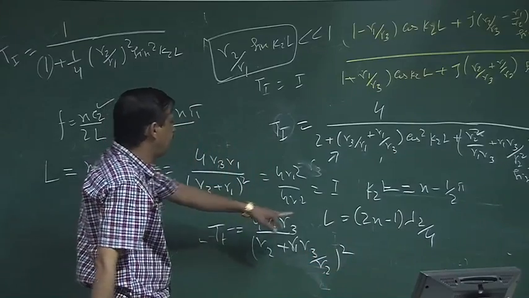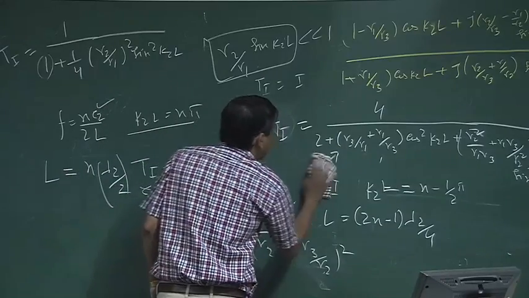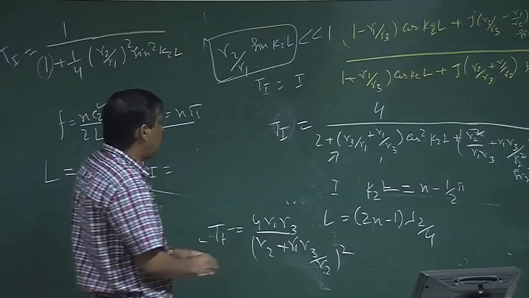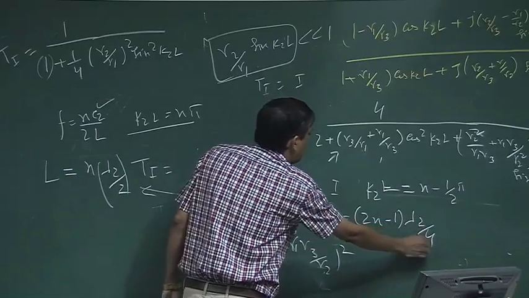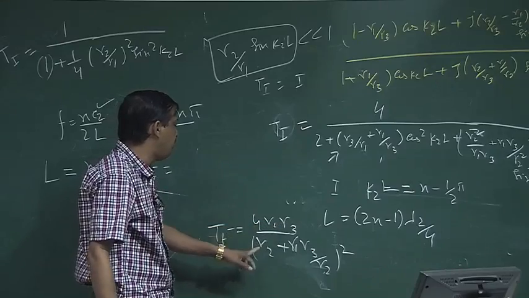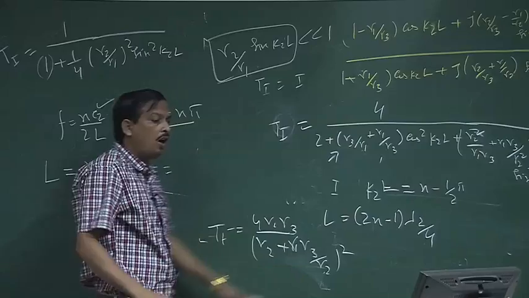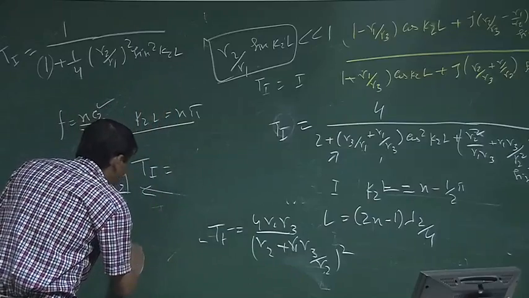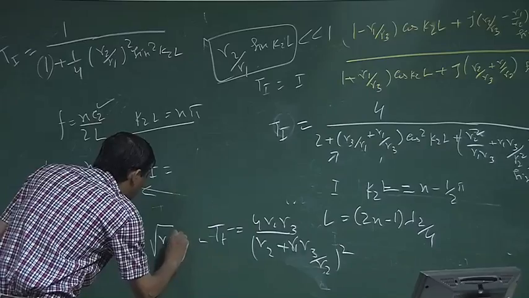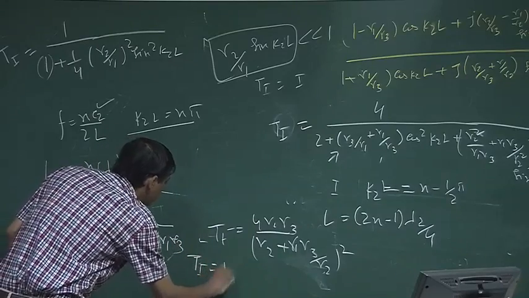Or, if R2 is equal to root over R1 into R3, then Ti will be 1.